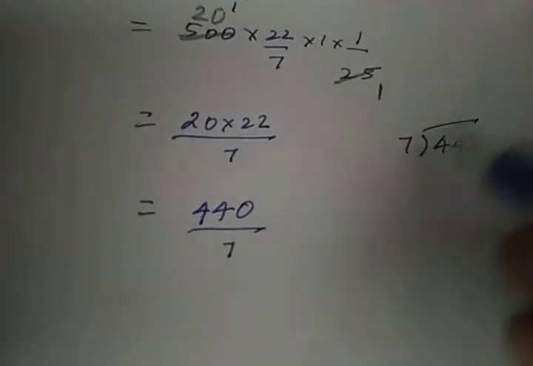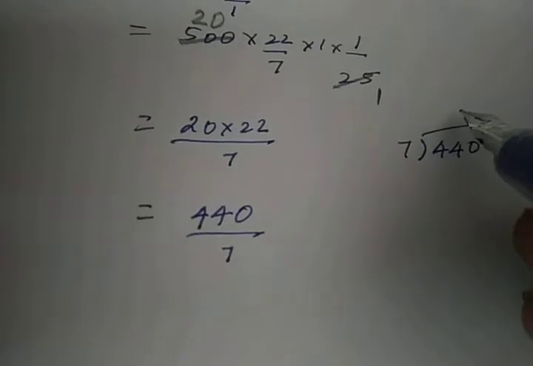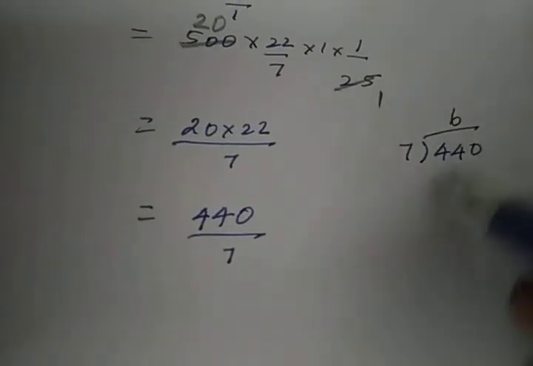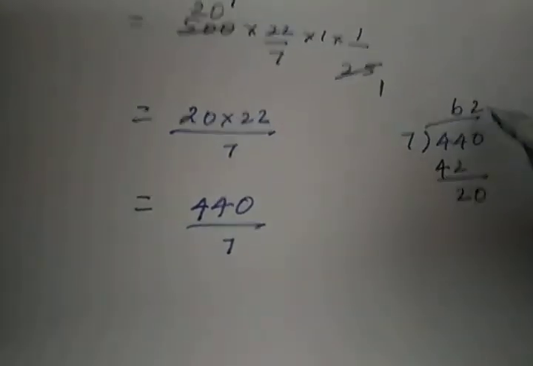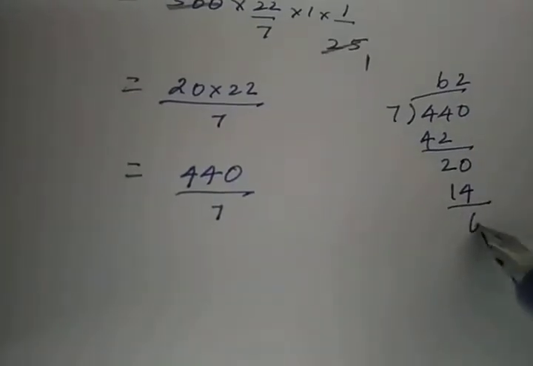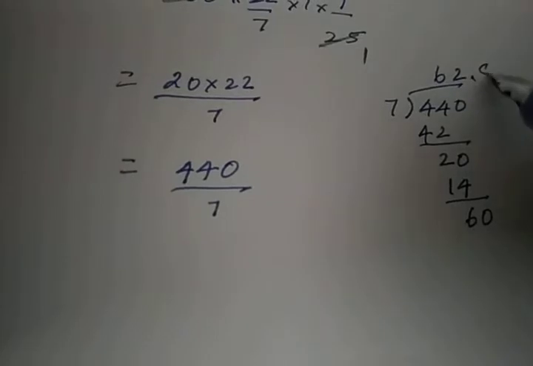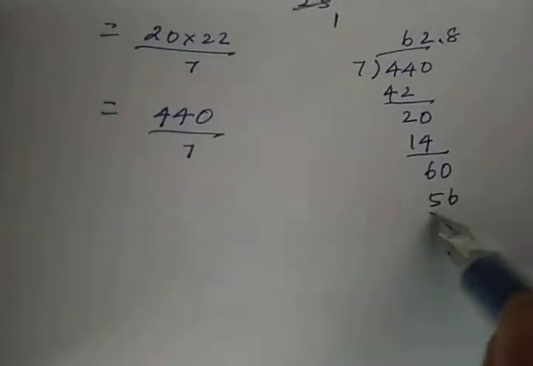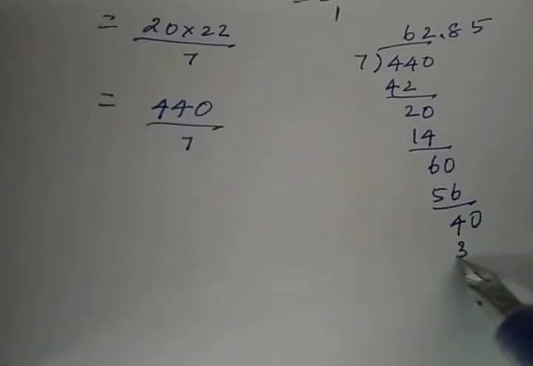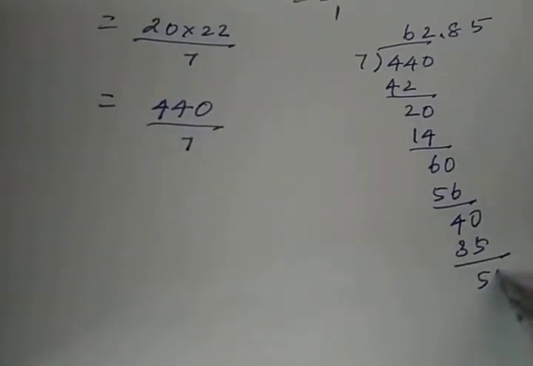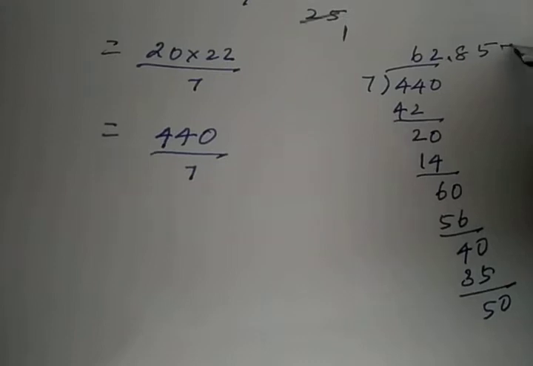440 divided by 7. 6 sevens are 42. Remainder 2, 20. 2 sevens are 14. Remainder 6, 60. 8 sevens are 56. Remainder 4, 40. 5 sevens are 35. Remainder 5, 50. 7 sevens are 49.